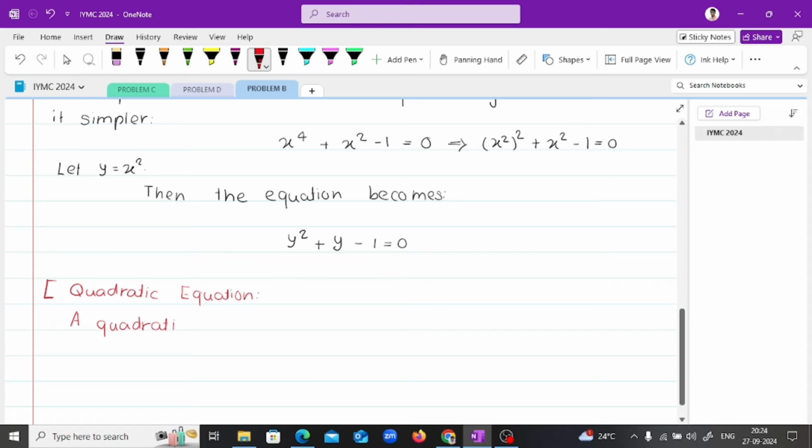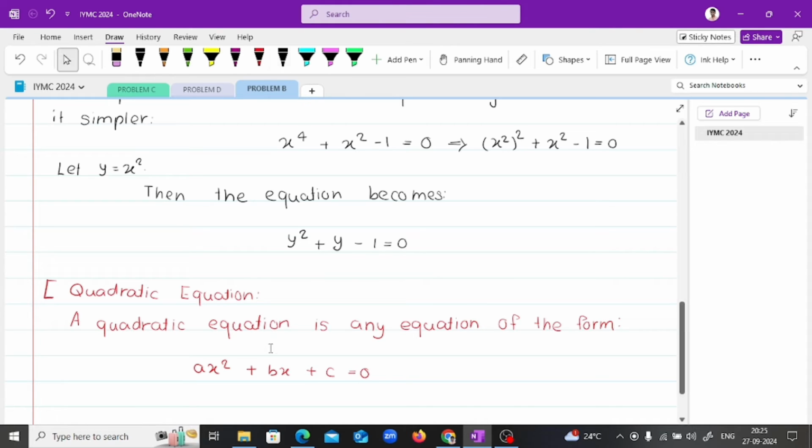A quadratic equation is an equation of the form ax square plus bx plus c is equal to 0.